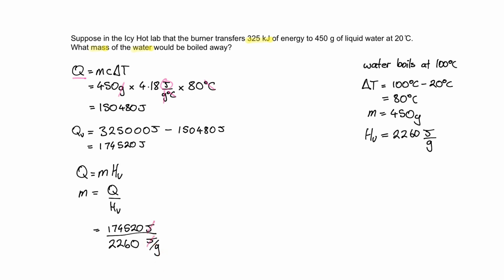And our grams here is going to be 1 over 1 over grams, so that just is equal to grams, which is what we want because our mass is also going to be in grams. Now that we've checked our units, we can plug this straight into the calculator. That gives us a value of 77.2 grams. And that there is the mass of water that has been boiled away.